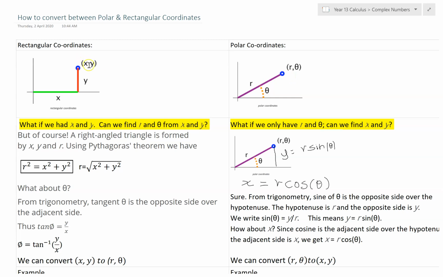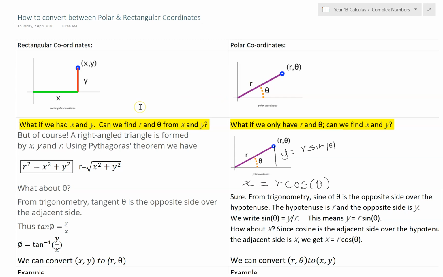In rectangular form, we have the values of x, y, and in polar form, we have the values of r, angle, where r represents the radius, the length or distance between the origin and that particular point, and the angle is measured from the x-axis and goes in the counterclockwise direction.